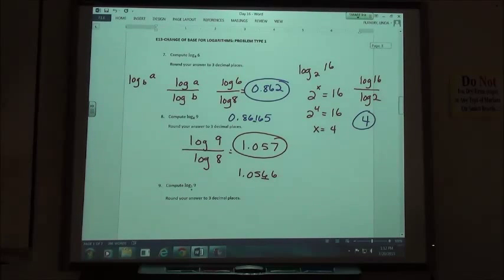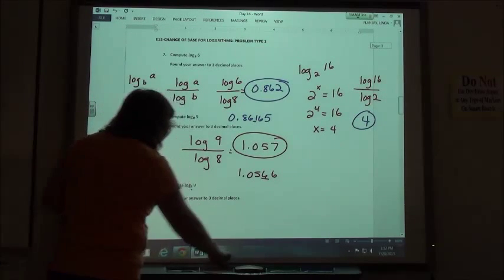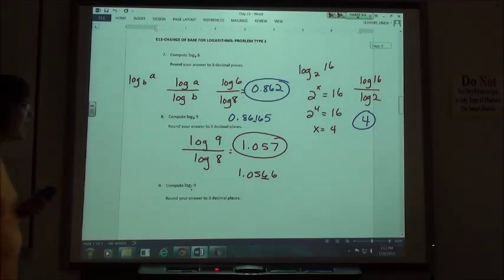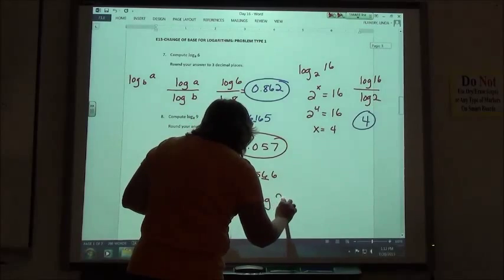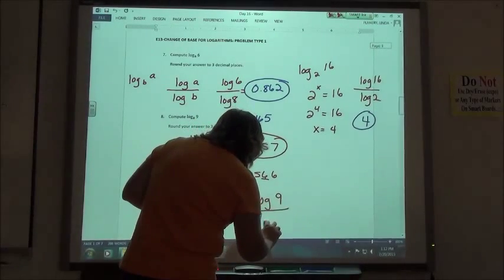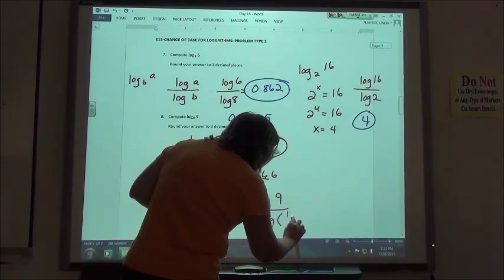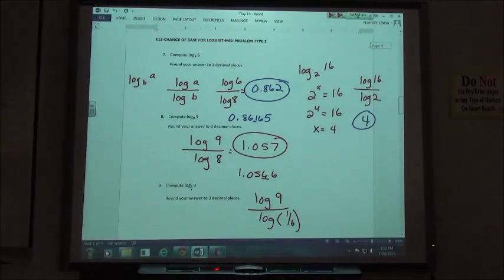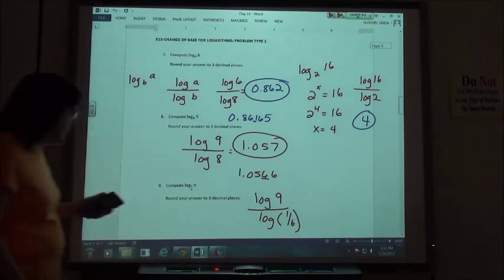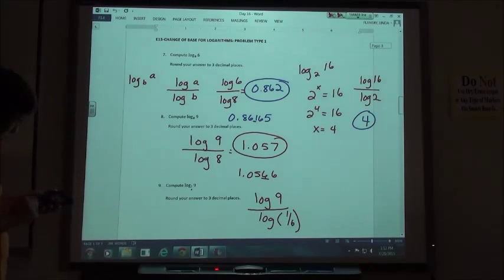And then number 9, I'm going to do the log base 1/6 of 9. So I'm going to do the log of 9 divided by the log of 1/6. And on our calculator, we've got to put that 1/6 in parentheses. You can just use the division key instead of the fraction key, which is what I've been doing all along anyway.